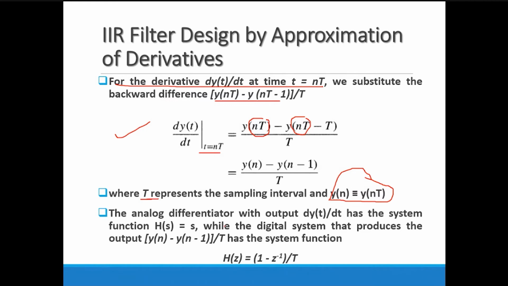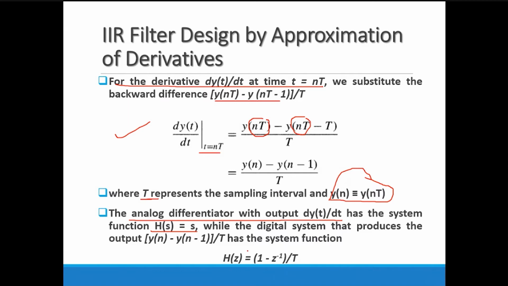The analog differentiator with output dy by dt has the system function H(s) equal to s only, while the digital system that produces the output y(n) minus y(n minus 1), divided by T, has its own system function.